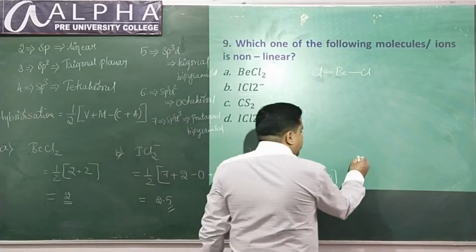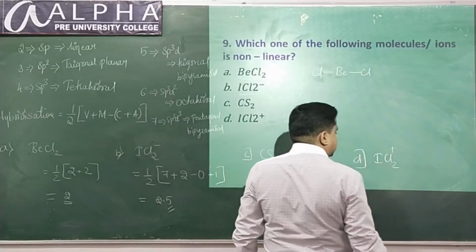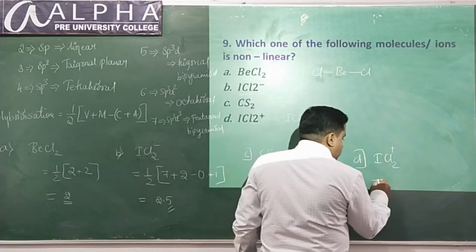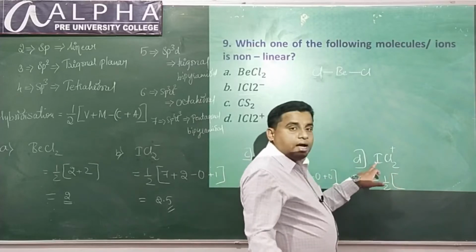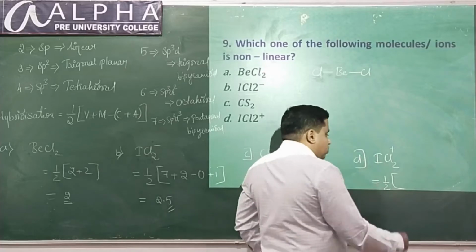Now the last option, ICl2 plus. Iodine is the central atom, and for the halogen family, the number of valence electrons is 7.